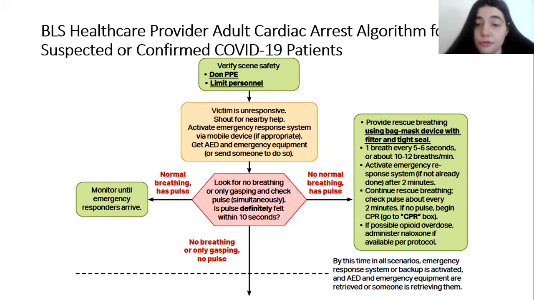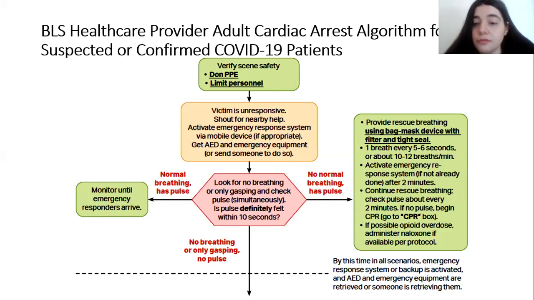But if the patient has no normal breathing but a good pulse, then you can use a bag mask device with a filter device to reduce the viral load. Give one breath every 5 to 6 seconds, or about 10 to 12 breaths per minute. And of course, check the pulse every 2 minutes.